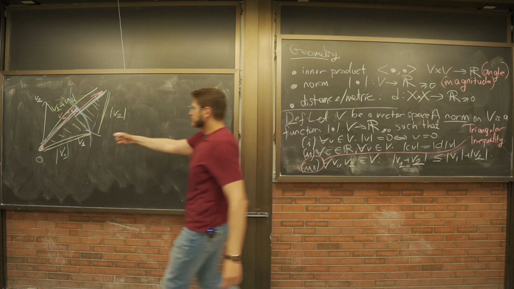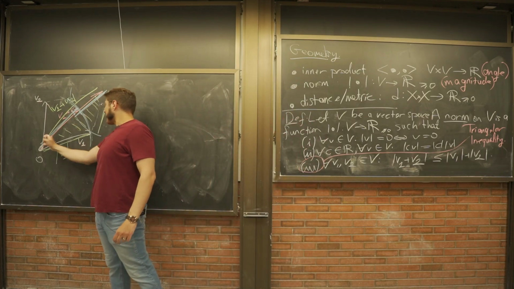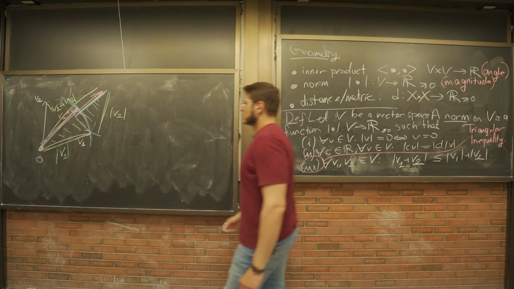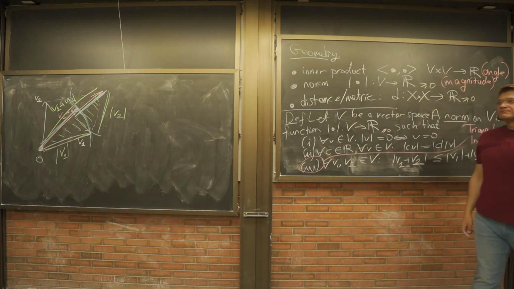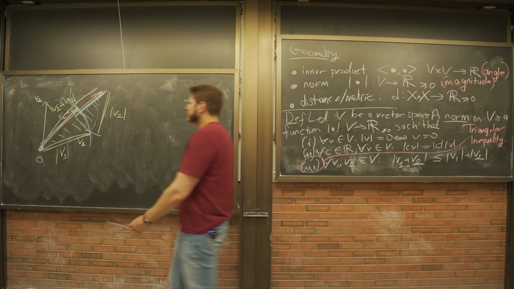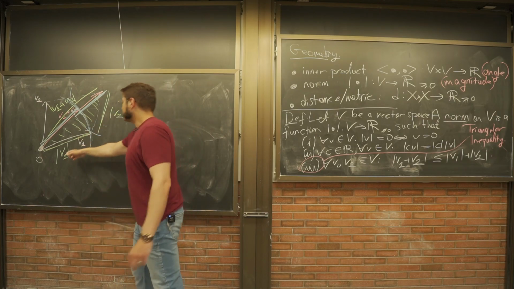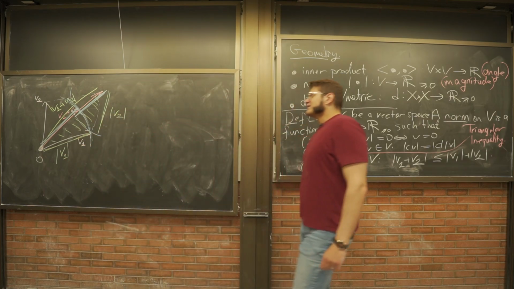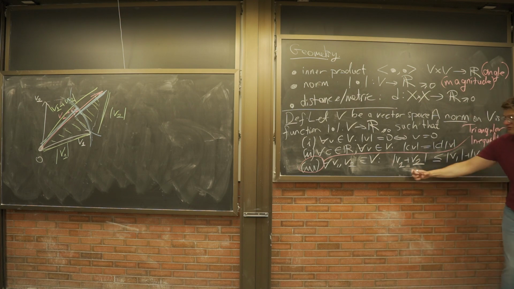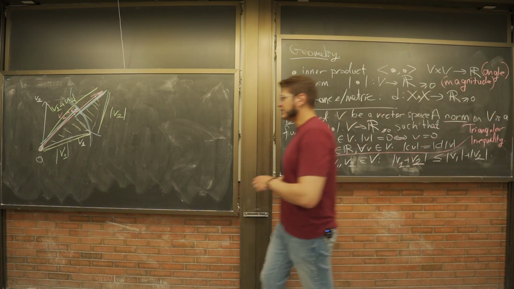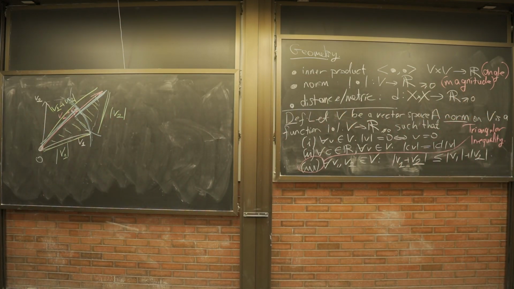And there's an overlap. If there were no overlap, I would not be seeing any triangle. So at best, what can happen is that they just kiss, right? In which case, V1 in norm plus V2 in norm would be exactly V1 plus V2 in norm, but certainly this would never be greater than the sum of these two. That's the whole idea. And so that's why this is called the triangular inequality.